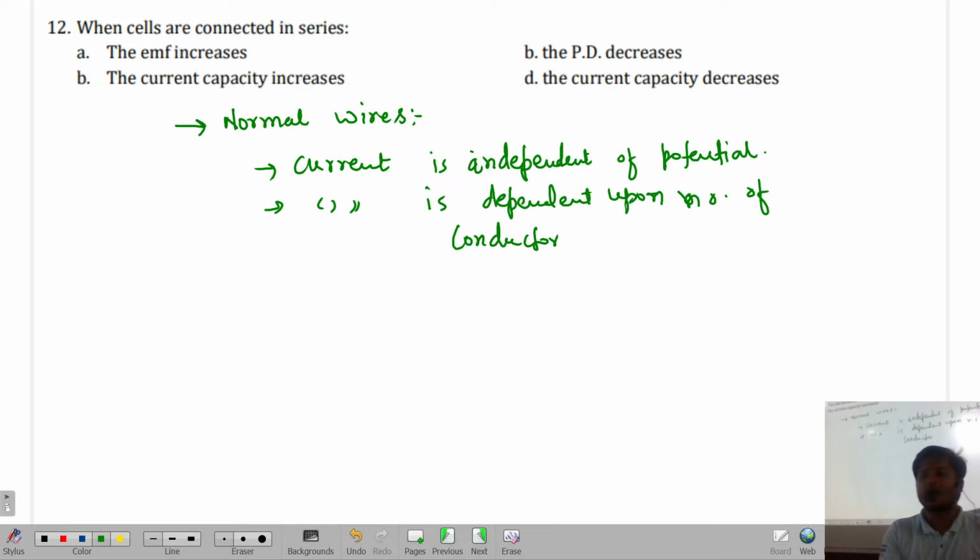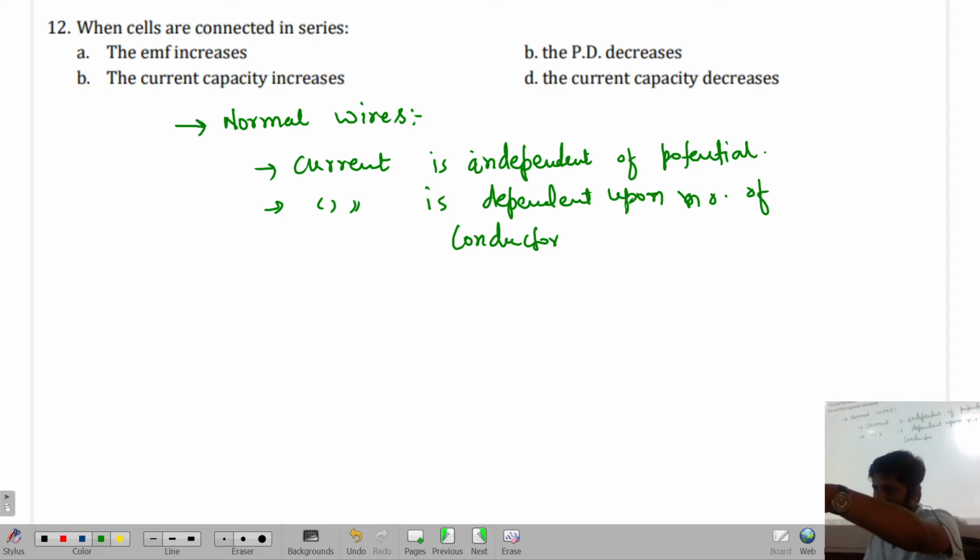In the wire, how many free electrons are there? On that current depends. If you increase the potential, it is not going to increase the number of free electrons. Let's suppose a water tank is there and there is a particular tap. The speed of the water does not depend upon those taps.